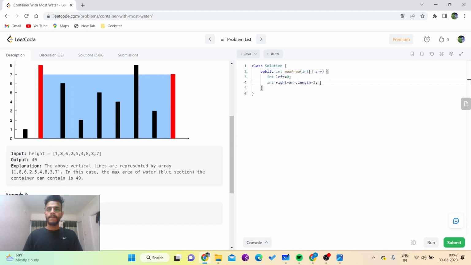And max area is equal to, initially I keep it as 0.